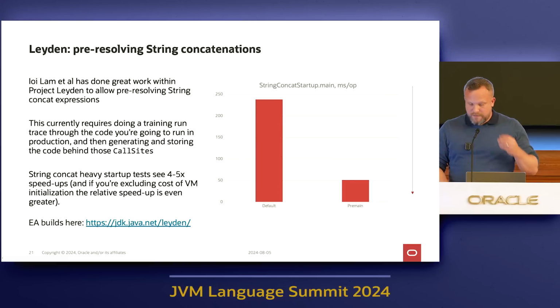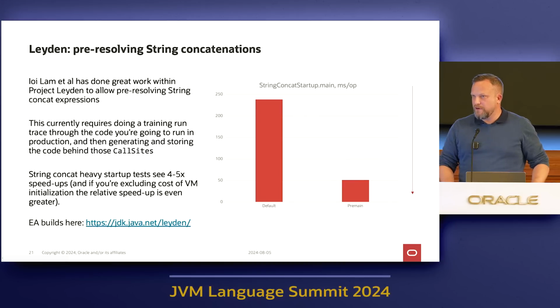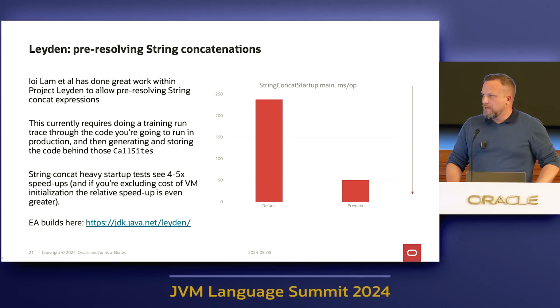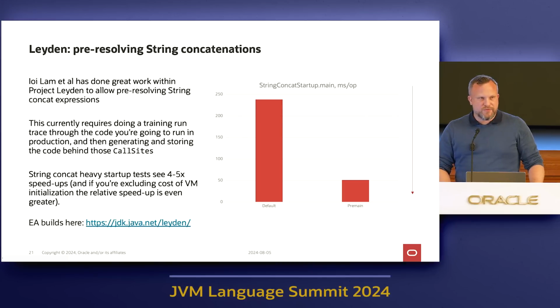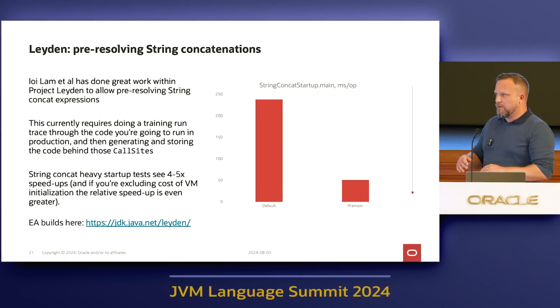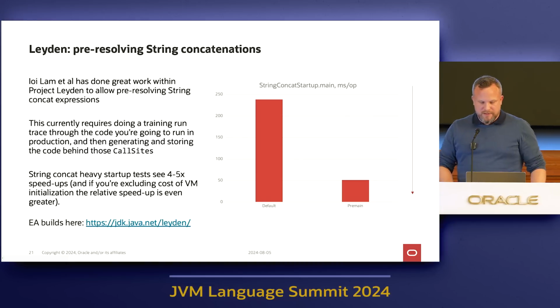And string concat heavy startup tests can see a 4 to 5 times speedup with pre-main, or an 80% reduction in overhead. And this includes the full VM bootstrap. So the relative overhead of string concatenation is basically down more than 90%, probably. So that's super promising.